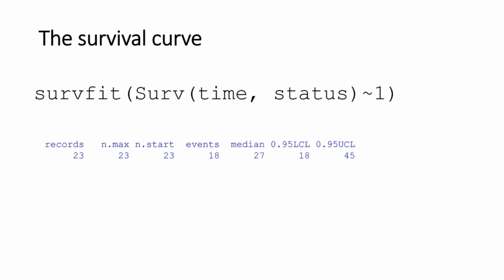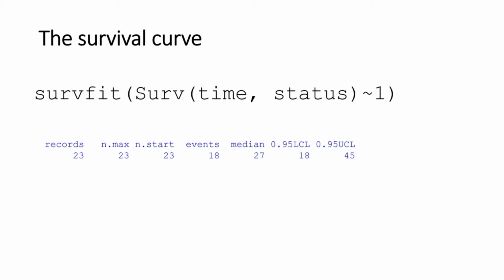To use this function, as you know, you must initially install the survival package in your R environment. Running this function, as you can see from here, tells us that for the 23 people in the leukemia dataset, 18 people were uncensored, followed for the entire time until occurrence of the event.